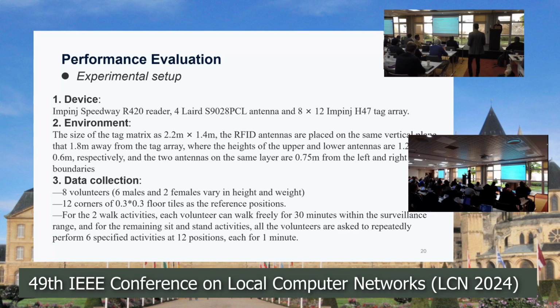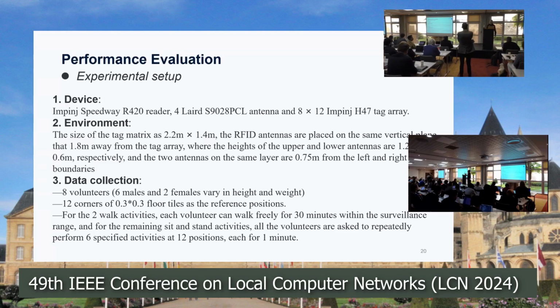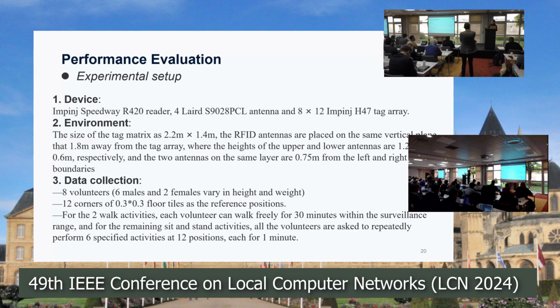Yes. First, I want to say that different approaches may have their own advantages or disadvantages. For the Wi-Fi approaches, some approaches use CSI parameters. But first, when we need to get this CSI, we may need to change the NIC, like the hardware or something.